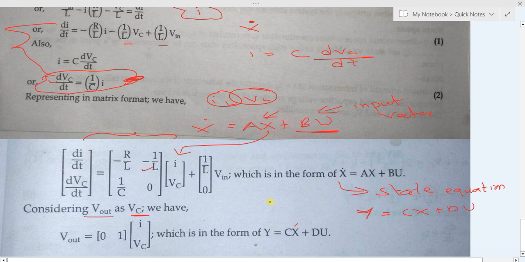So we can write VC. Does the inductor current give us any kind of output? No. Our state variables x remain the same, but the current does not give any output; only VC is giving output.